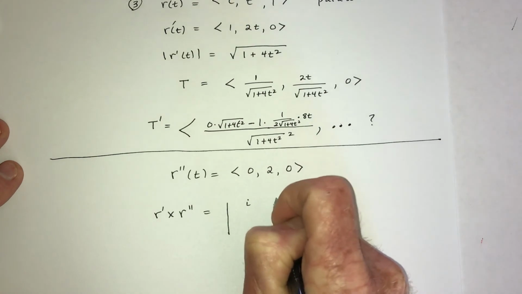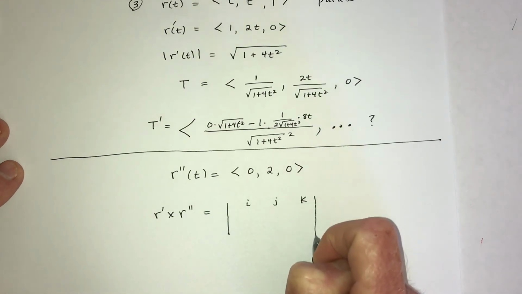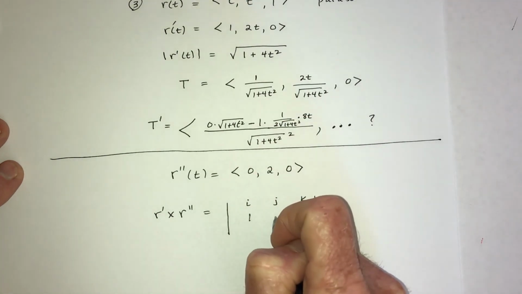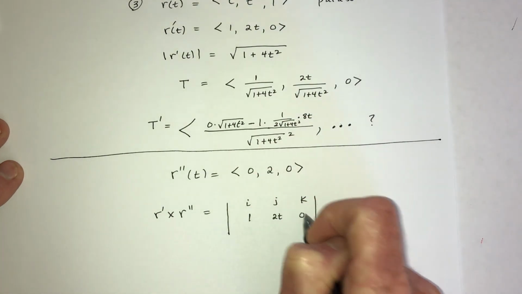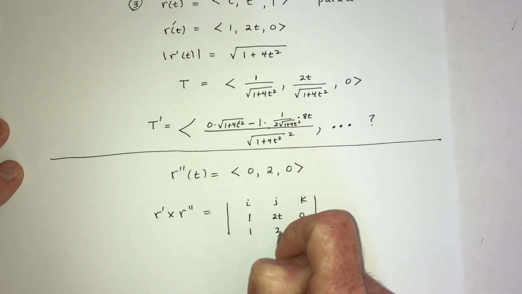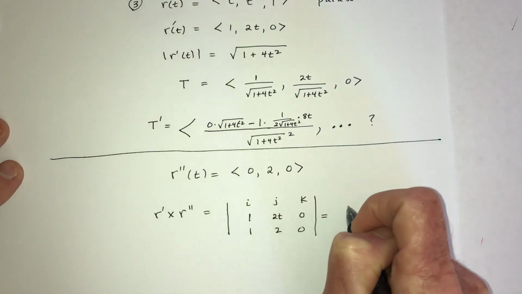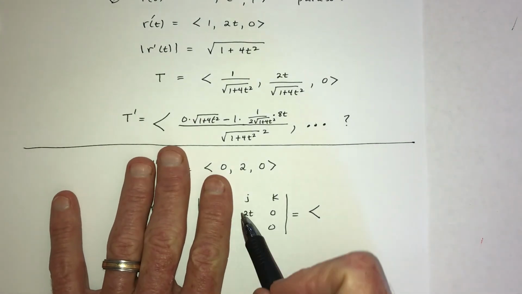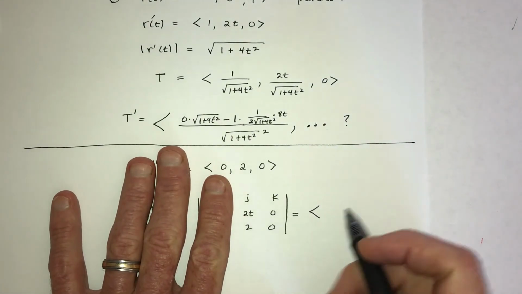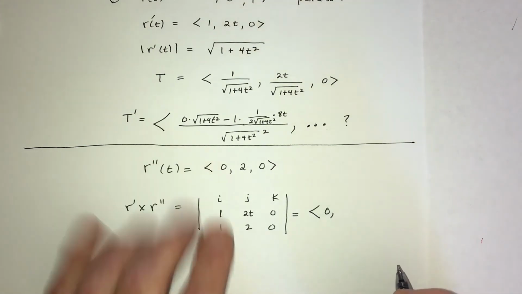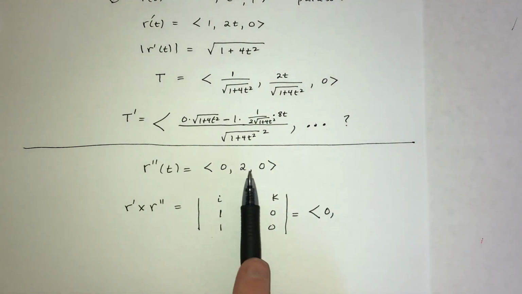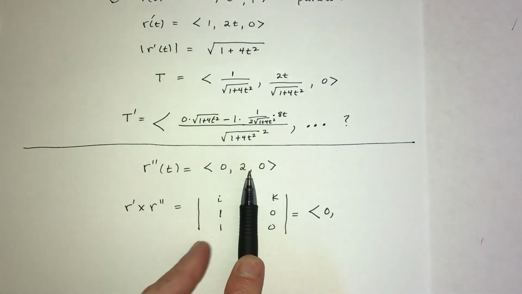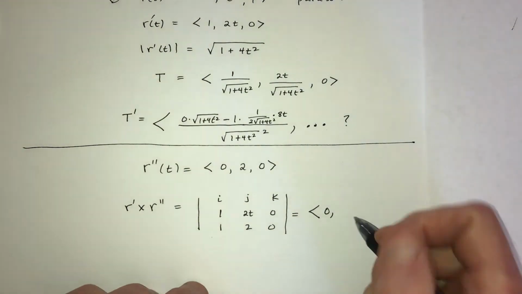So put an i, j, k, and then this one goes first. 1, 2t, and 0. Then 0, 2, and 0. All right, what's that going to be? Cover this up. That would be 0 minus 0. Now cover up this one. That would be 1 times 0 is 0, 1 times 0 is 0. So that's a 0.